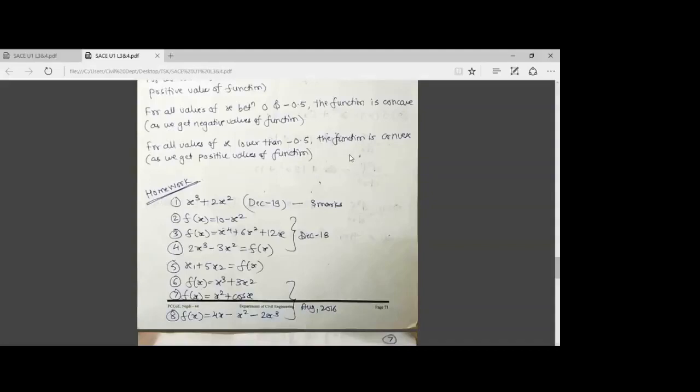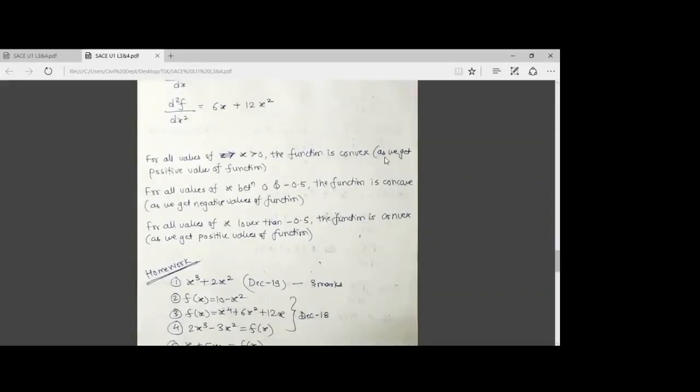For all the values of x lower than minus 0.5, the function again gave us a positive value, so it turned convex, right? It is very important that we check the behavior of the functional values for all the values of x, and then decide whether it is a strictly convex function, a strictly concave function, or just a convex or a concave function, right?